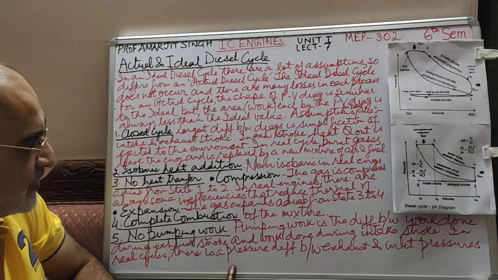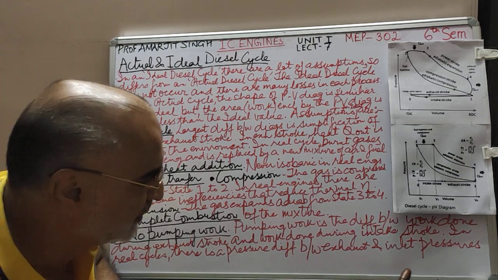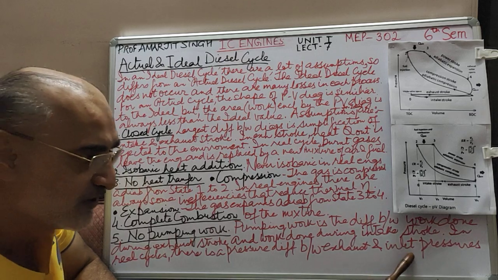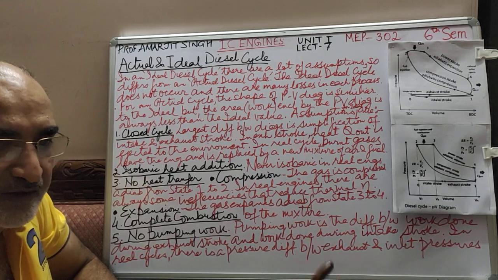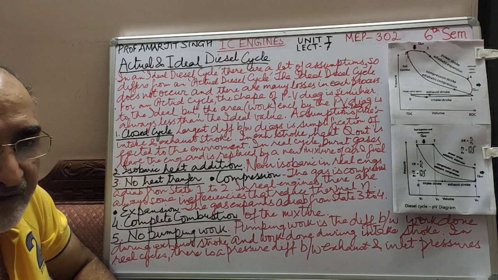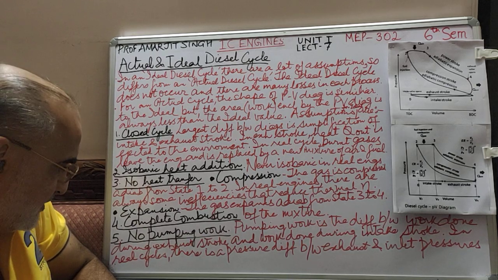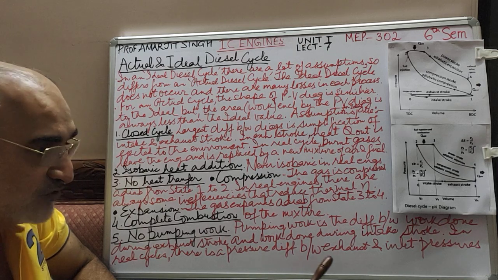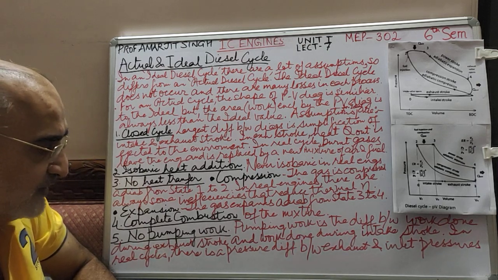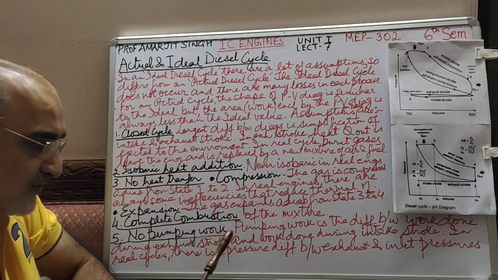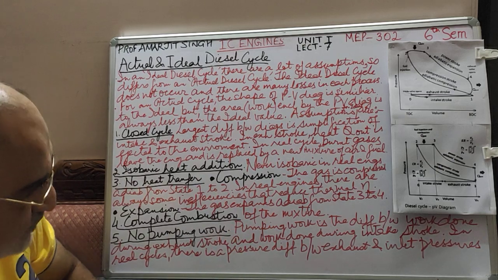In real cycles, there is a pressure difference between exhaust and inlet pressures. Inlet pressure may be from a turbocharger or supercharger which is throwing air into the cylinder. This is a different pressure, and the exhaust, after the burnt gases are exhausted, that pressure is different. Here it is assumed that there is no pumping work, it's the same.